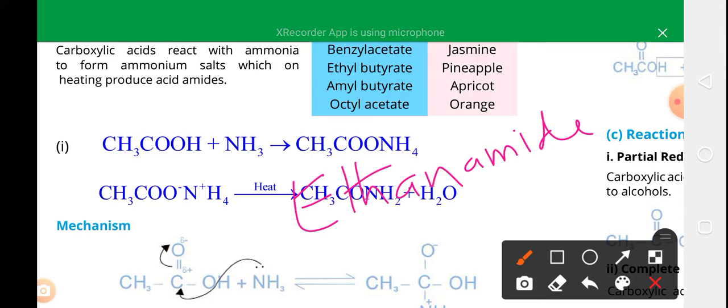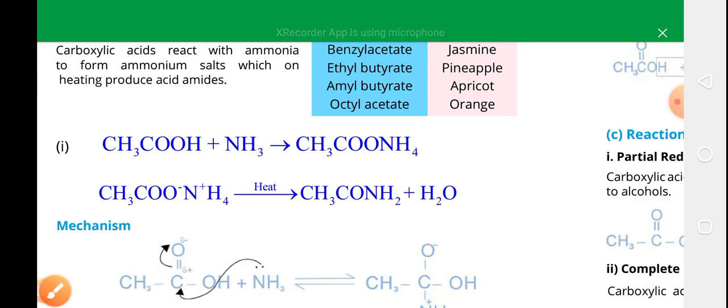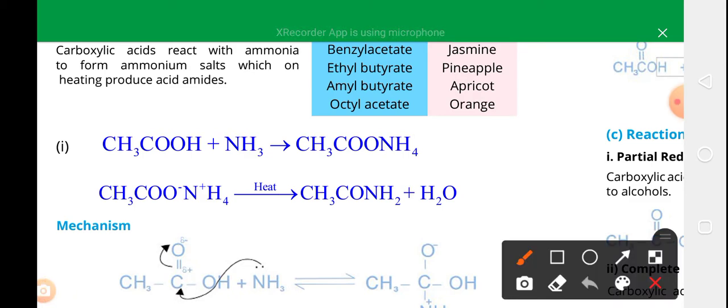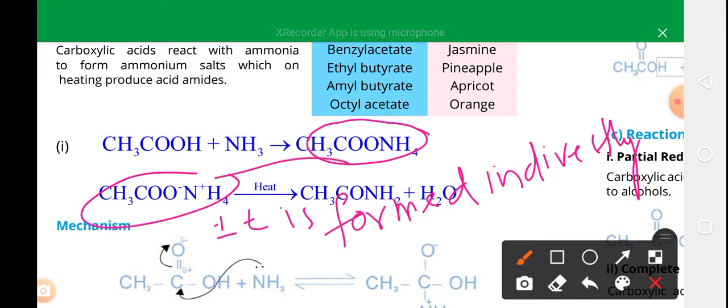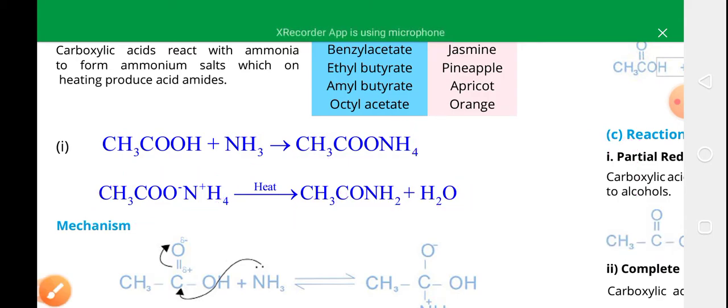Remember, only this derivative of carboxylic acid is formed indirectly, in two steps. First, ammonium acetate is formed, then heating ammonium acetate gives acetamide. So acetamide is formed indirectly.